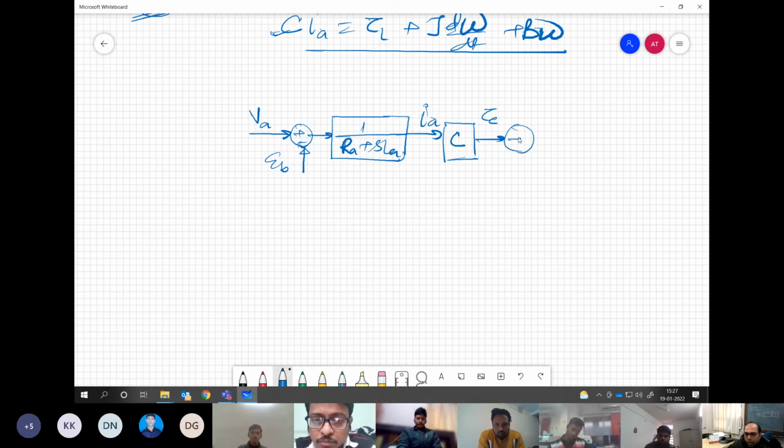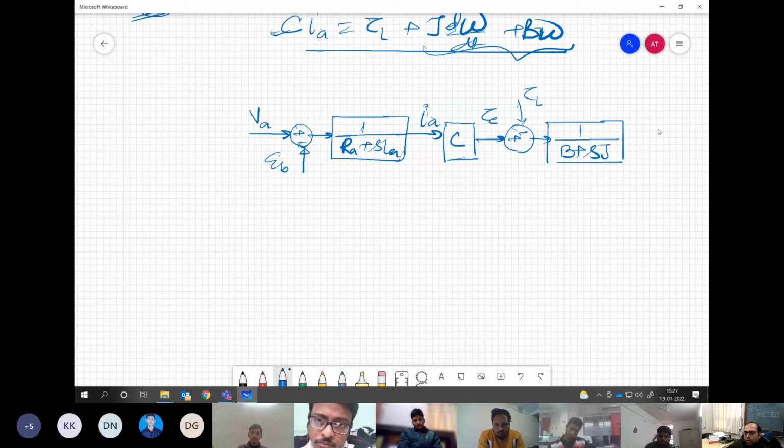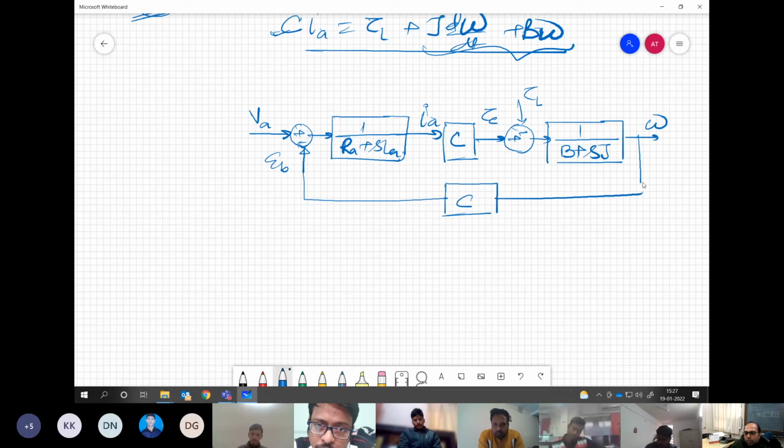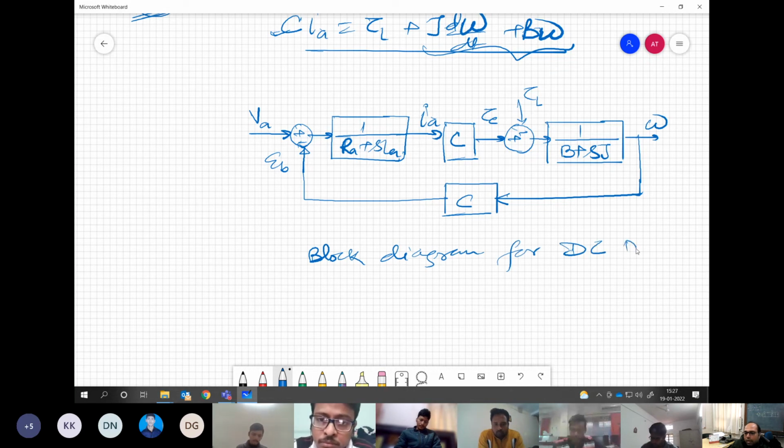From here, your load torque is subtracted. Then you have the first order speed block, B plus Sj, and this comes out as omega. And omega is responsible for the generation of EB. So this is the block diagram for the separately excited DC motor.